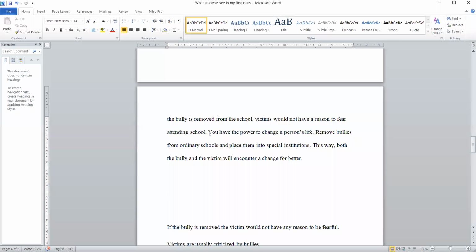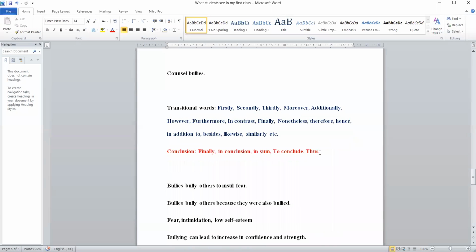What were the words again, miss? So for the conclusion, these are some of the transitional words. You could use those.